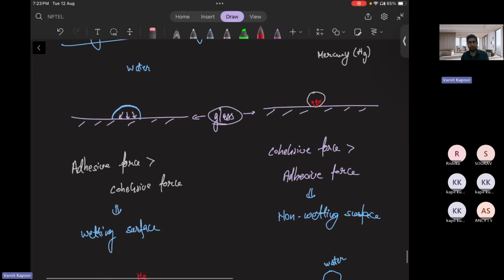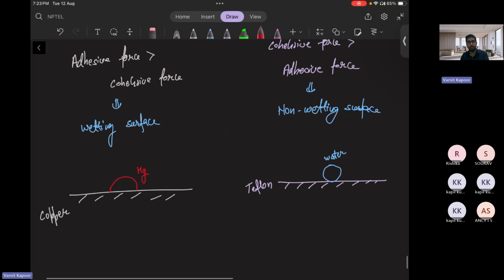So here, when the glass was there on both sides, water was sticking, where adhesive forces were more, so it was a wetting surface. Whereas mercury had more cohesive forces, so it was a non-wetting surface. But if you put the same mercury on a copper surface, it will behave as wetting. And if you put water on Teflon, it will behave as non-wetting.